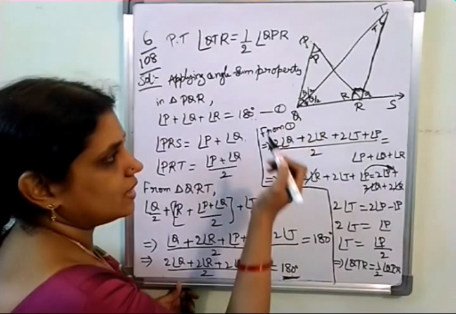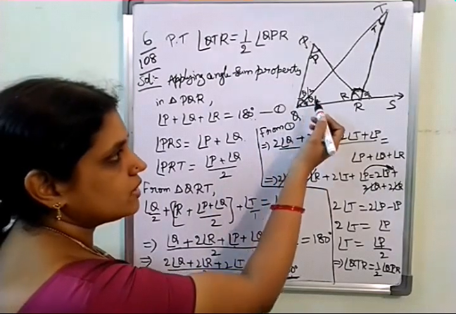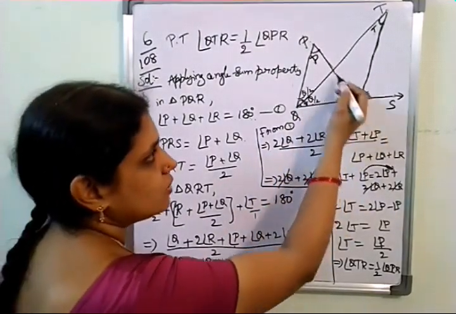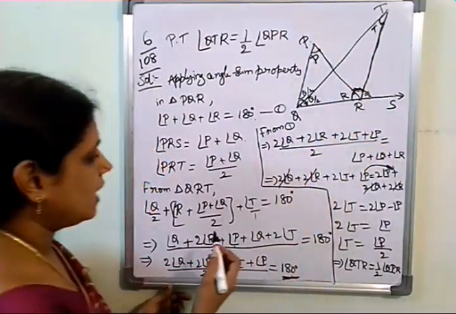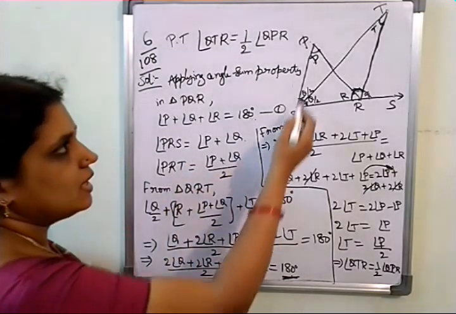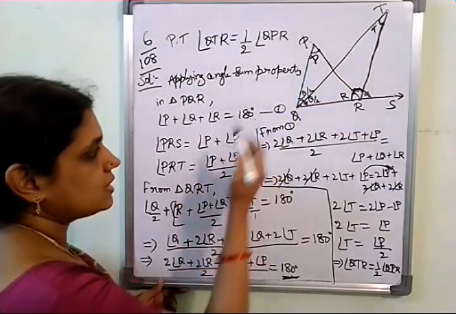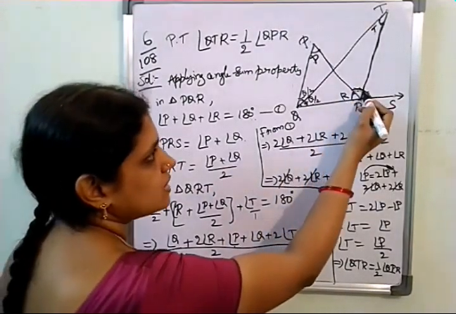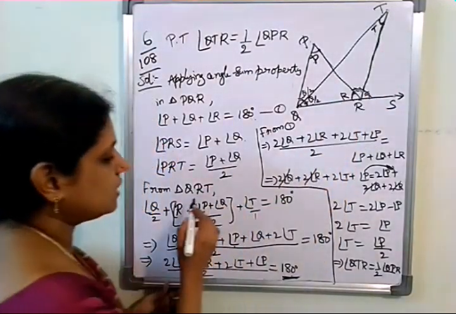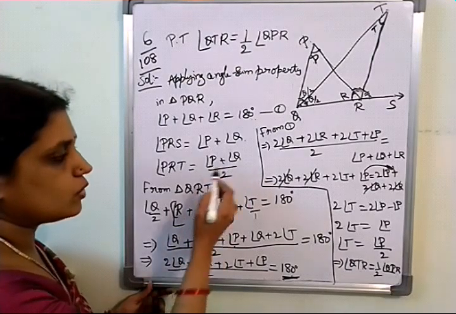The whole angle is angle Q. And applying the exterior angle property, first we calculated angle PRS. Angle PRS equal to the sum of the two opposite interior angles, that is angle P plus angle Q. If you want only angle PRT, since RT is the bisector, we got angle P plus angle Q by 2.